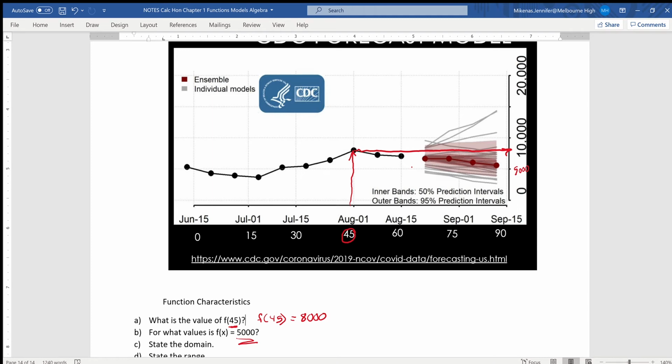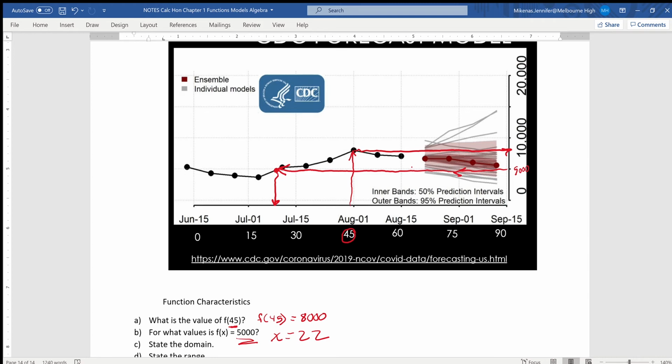So I'm going to follow this over in this direction, all the way over, and I'm looking for where my graph has a y value of 5,000. Once I find that point, I'm going to follow that point down, and I think that's sitting about halfway between 15 and 30, so I'm going to go with maybe 22-ish. So I think that that is occurring when x is equal to 22.